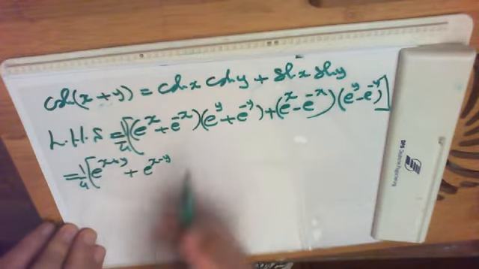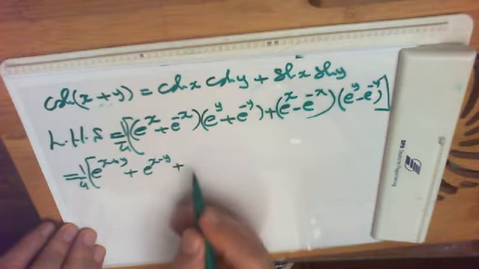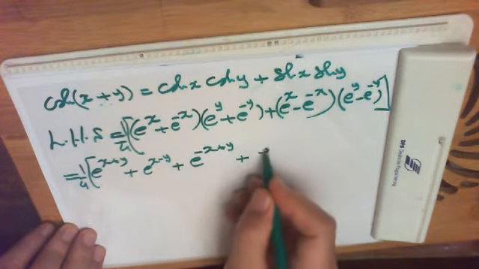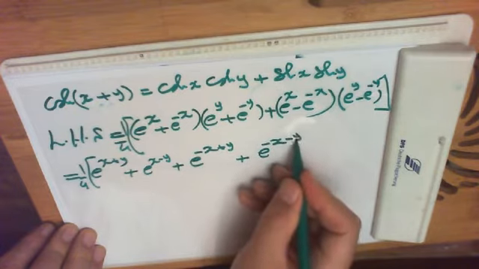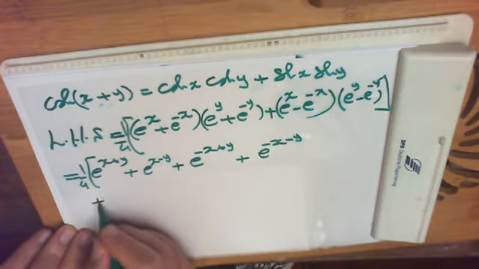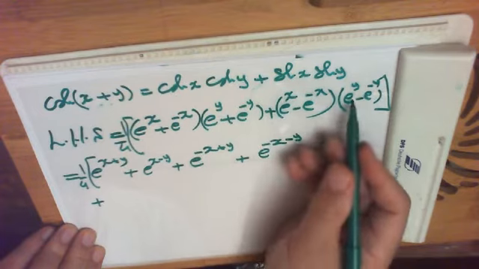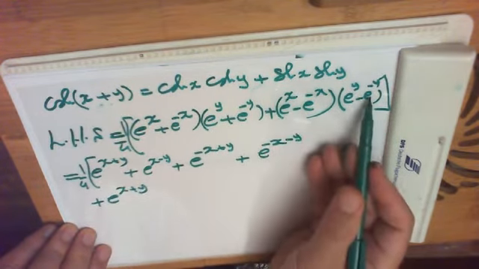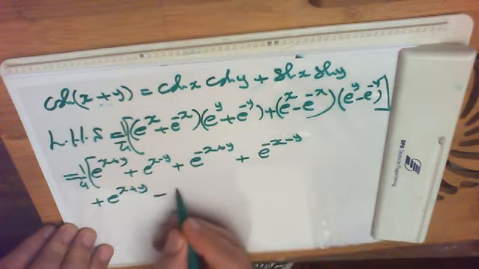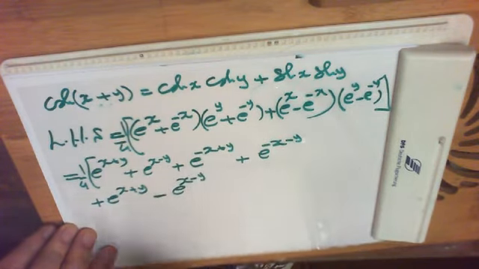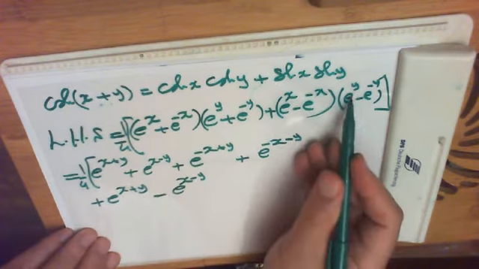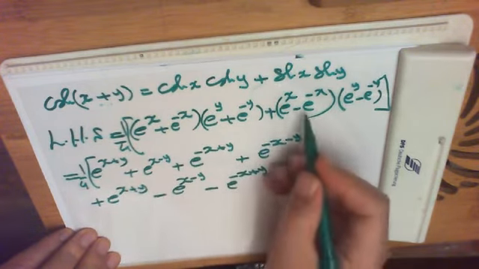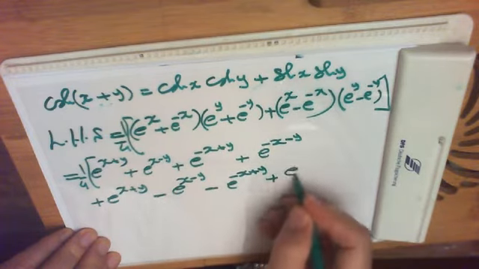Then e to minus x times e to y, e to minus x plus y, plus e to minus x minus y, plus here e to x times e to y, e to x times e to minus y, minus e to minus x times e to y, we have minus times minus is plus e to minus x minus y.